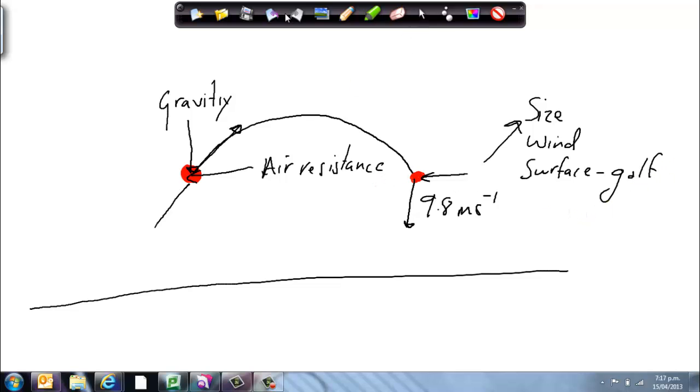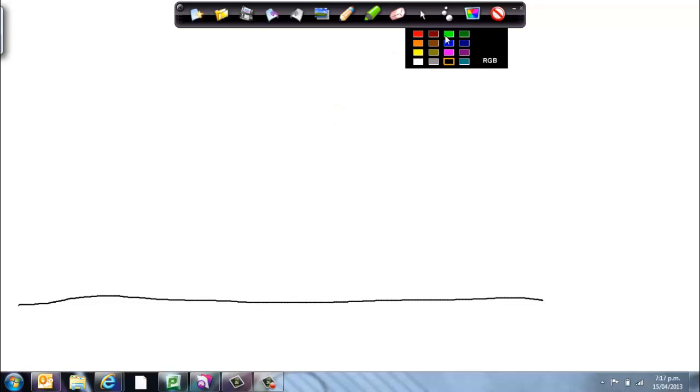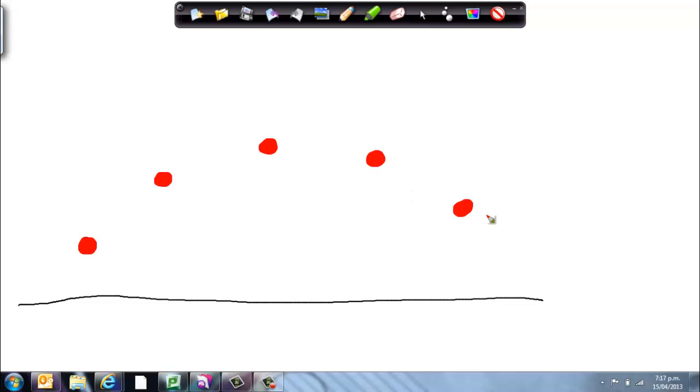Okay, so let's go back. So we've got our flat ground. We have our cricket ball and the different phases of that parabolic path. Now remember, we always have gravity acting downwards, to a certain point where the acceleration of the ball upwards matches gravity, and that's at the top of the parabola.